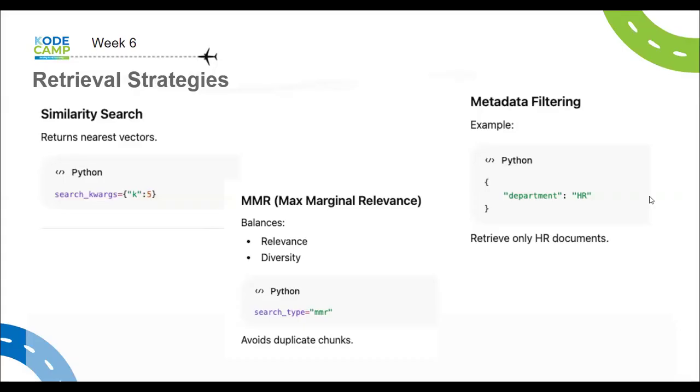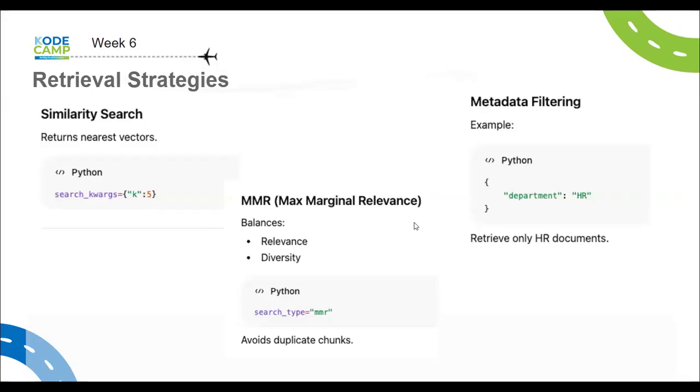So those are the things that you have to add to the metadata when you are ingesting the documents, okay? So that when it is time to retrieve, you can still filter using those same metadata. So it's something to think about.